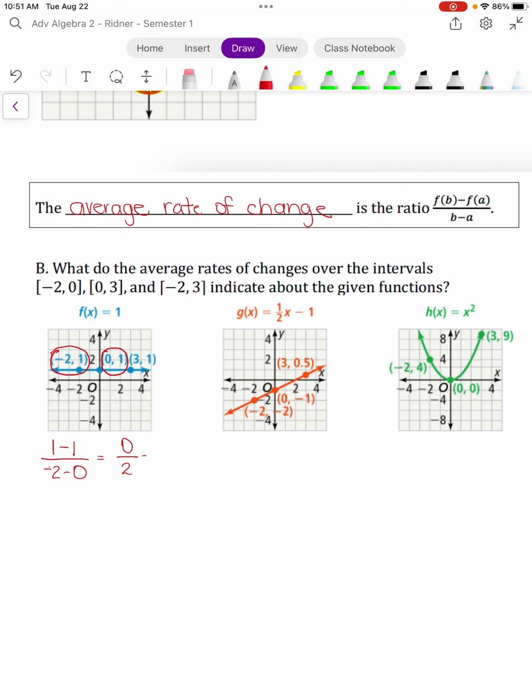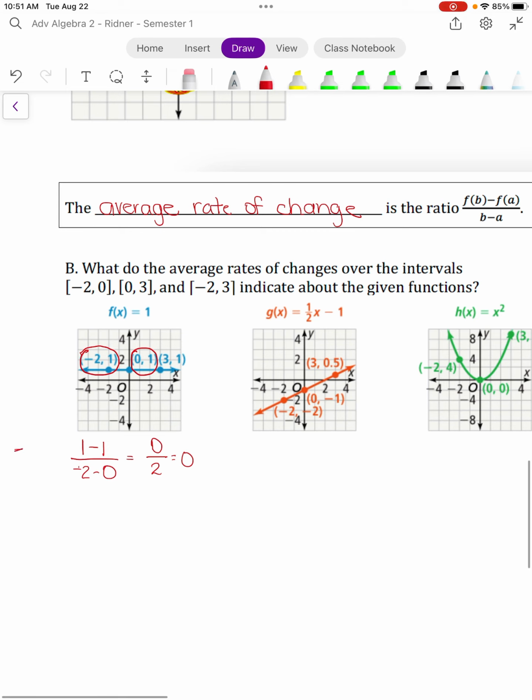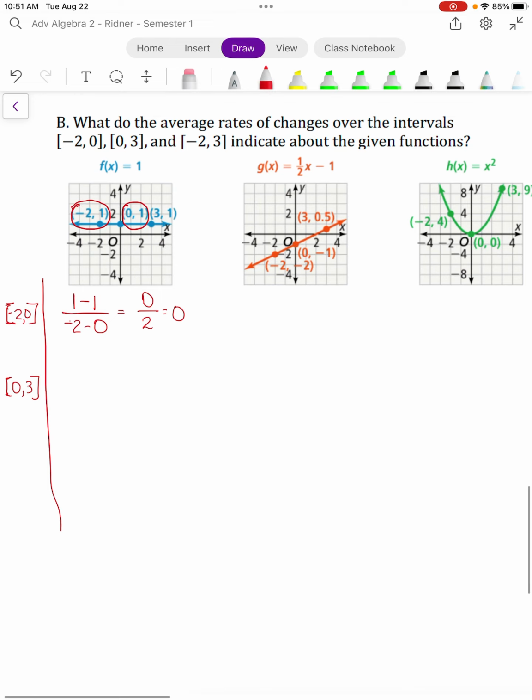Oh, hey, that's 0. I could do that. So that was for the interval -2 to 0. Okay. Then I would do it for 0 to 3. And then I could even do it from -2 to 3.